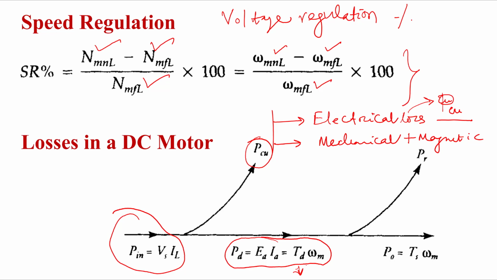Now from the developed power, if I subtract the rotational loss, consisting of frictional loss plus magnetic loss, I get the actual output power, that is called shaft power. That means the power we take from the shaft is known as the shaft power or output power, okay? So this is how the power flows in the case of a DC motor, right?